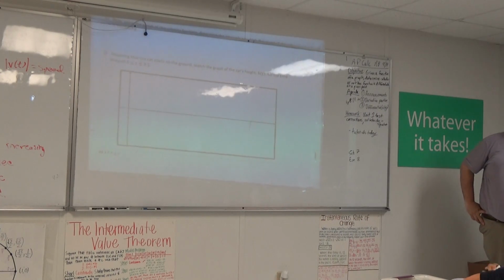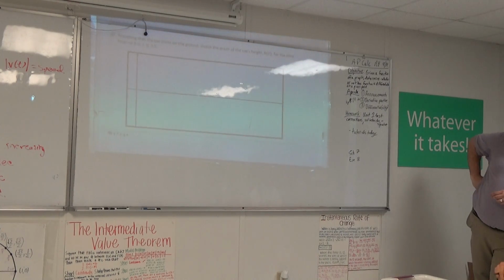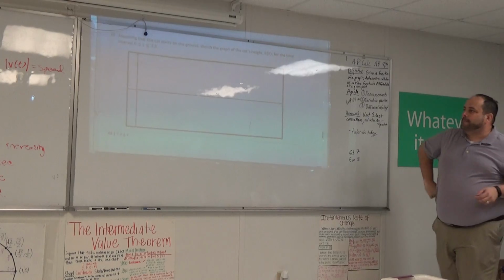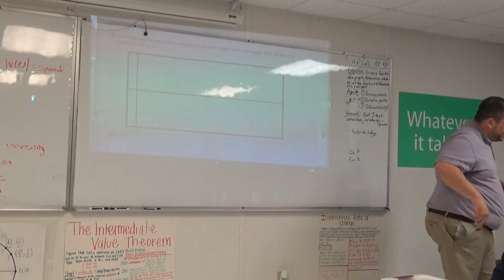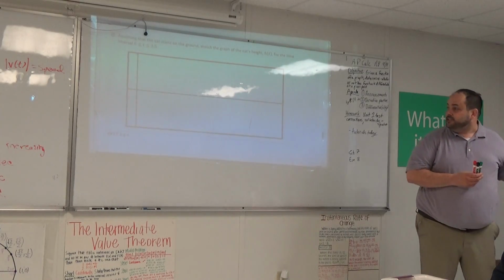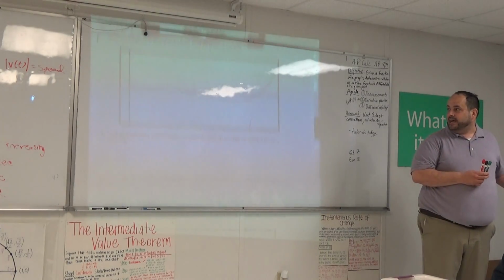All right, so we're gonna do part J, which is asking you to sketch the graph of the cat's height. We're gonna assume that the cat starts on the ground. Now, here's the weird thing. I meant to actually include the sketch of the graph, so I'm just gonna transfer that sketch down. Maybe you wanna do that as well.